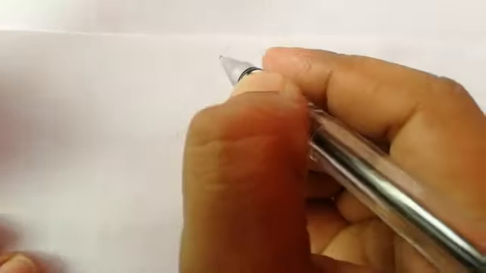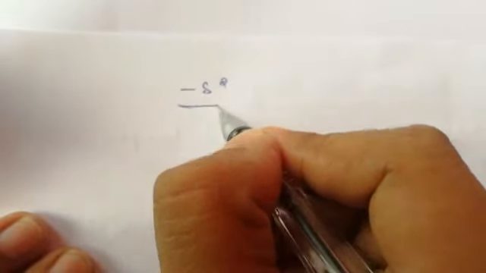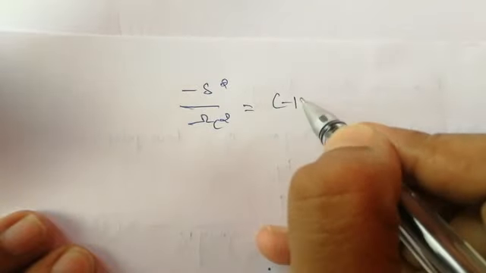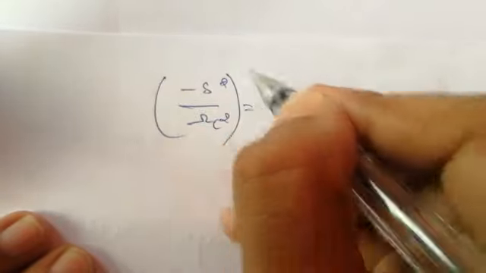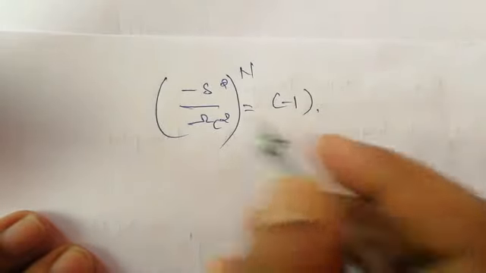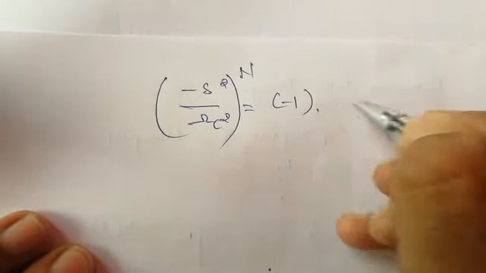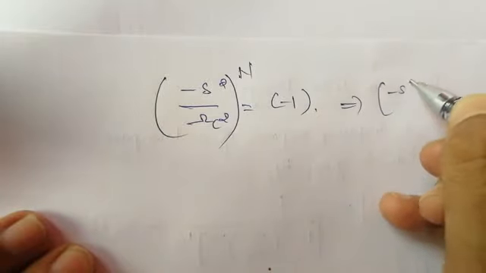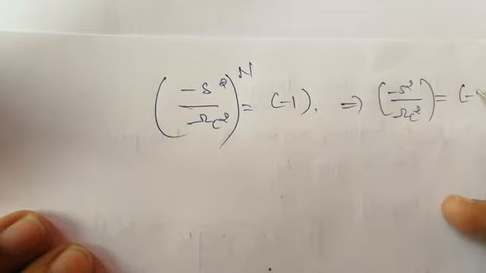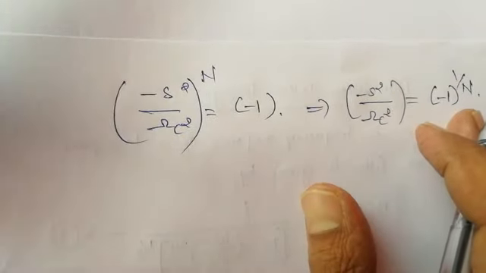For the simplification, hence -s²/ωc² is equal to -1. Now I will take this to the other side, so it becomes -s²/ωc² equal to (-1) to the power 1 by n.